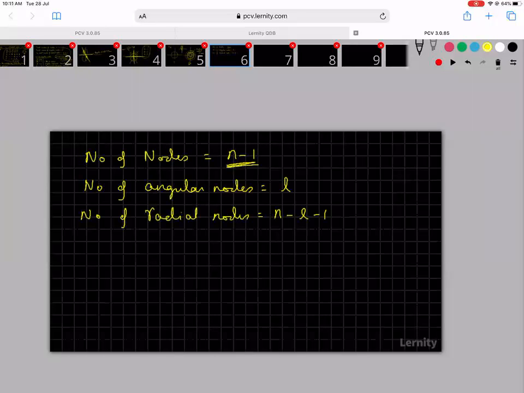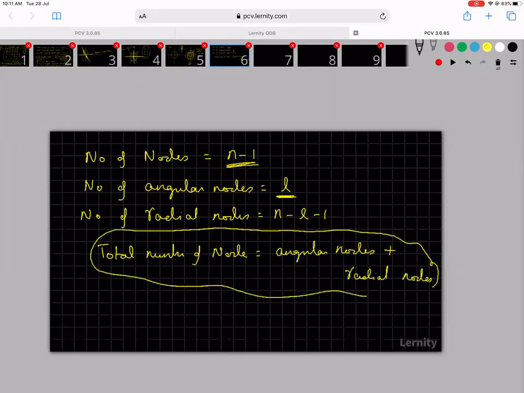Basically, this is the number of nodes. So, total number of nodes is equal to angular nodes plus radial nodes.